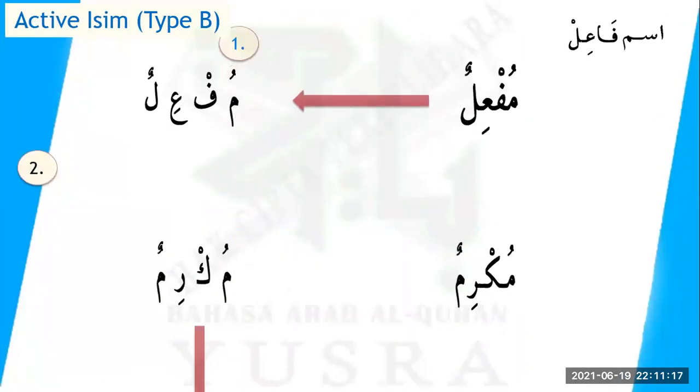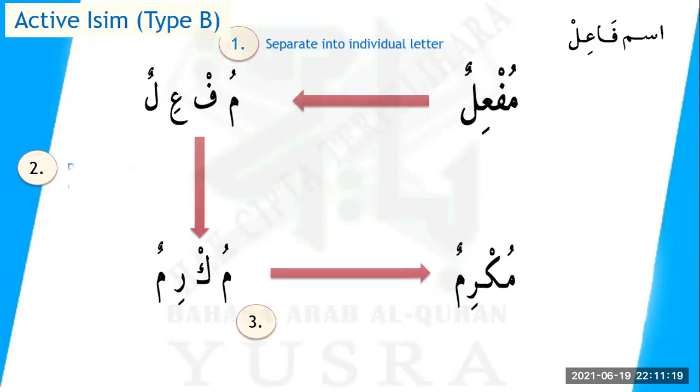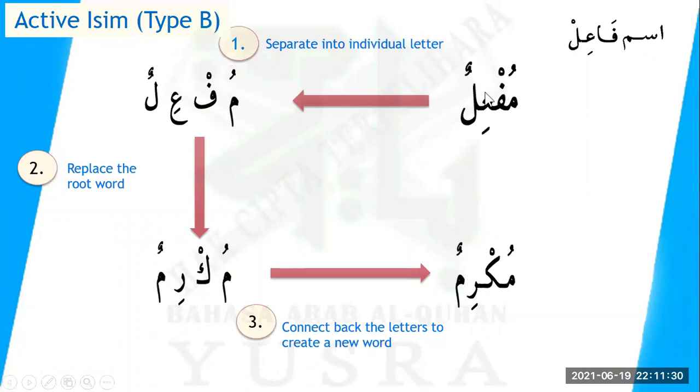Okay. Now there's a type B. Only two types. So this one you have to remember also because there are many forms. In this case, you have fa ain lam, but you add a mim with a dhamma, and the second letter takes a kasra. Muf'ilun.